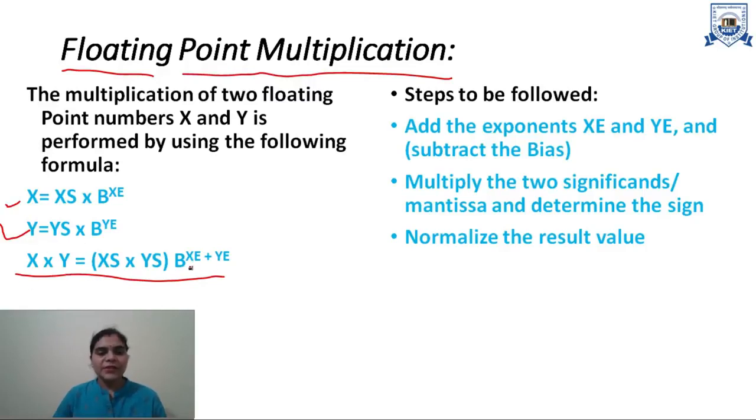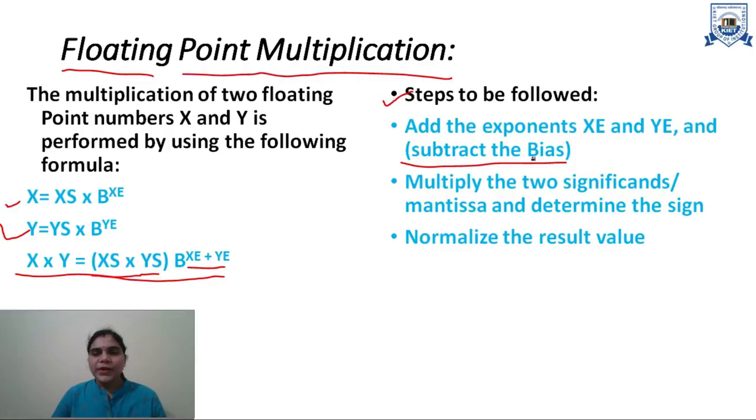For this, we will add the exponents of both the numbers and multiply the significands of both the numbers. So to perform multiplication of two floating point numbers, we will follow the given steps. And these steps are: add the exponents xe and ye and subtract the bias.